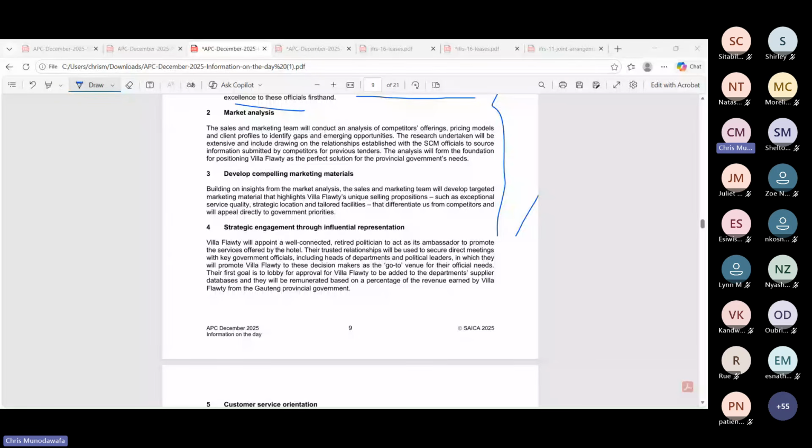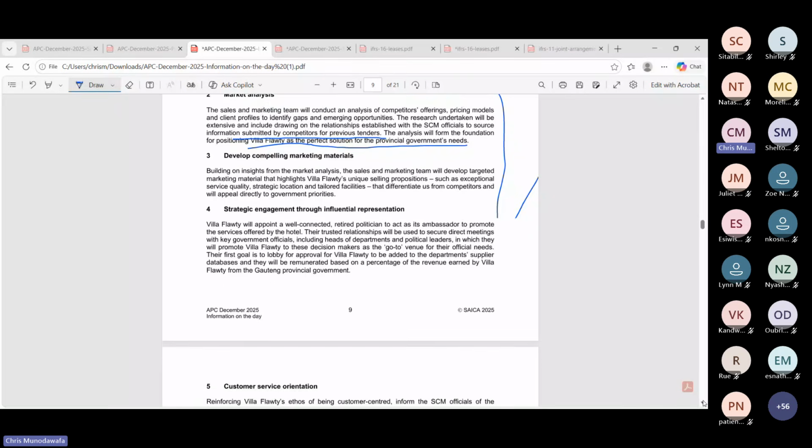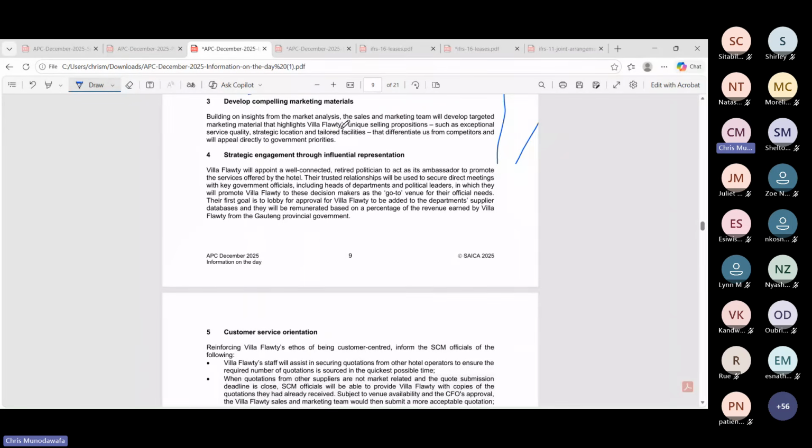So when I get to it, team, let's go down with it. They say the sales and marketing team will conduct analysis of competitors' offerings, price models and client profiles. The research will be extensive, including drawing on the relationship with SCM officials to source information submitted by competitors for previous tenders. This analysis forms the foundation of our position as the perfect solution for the provincial government's needs. Then, building on insights from the market analysis, develop a retailer that differentiates us from competitors.